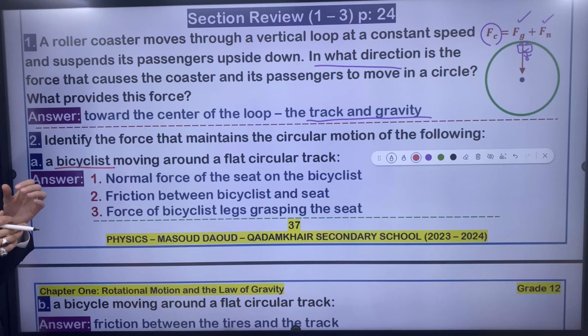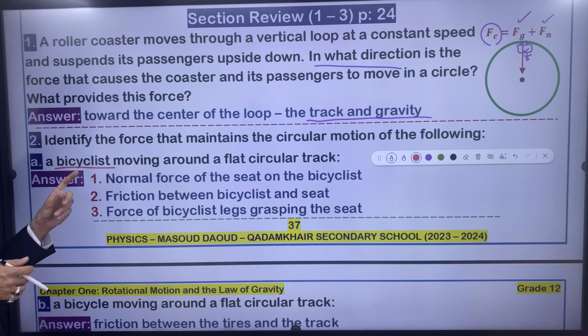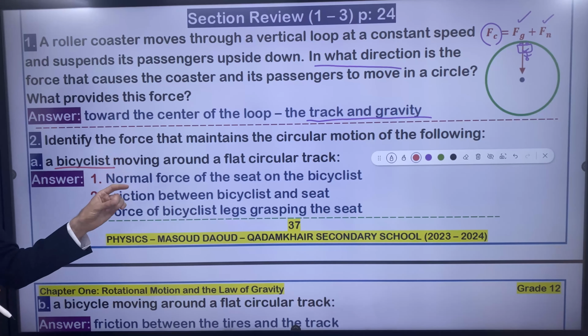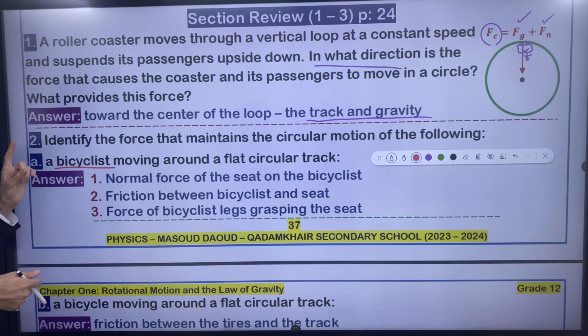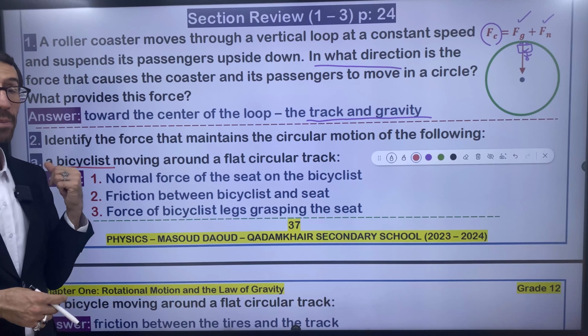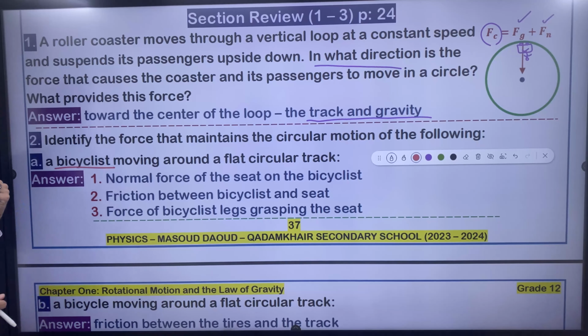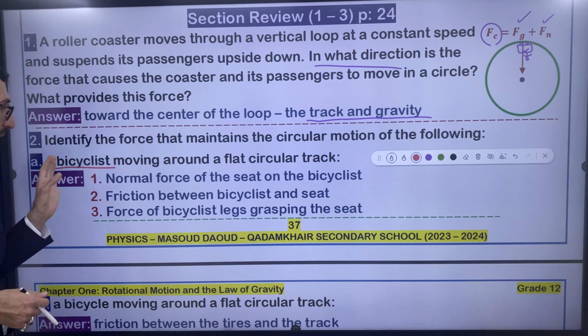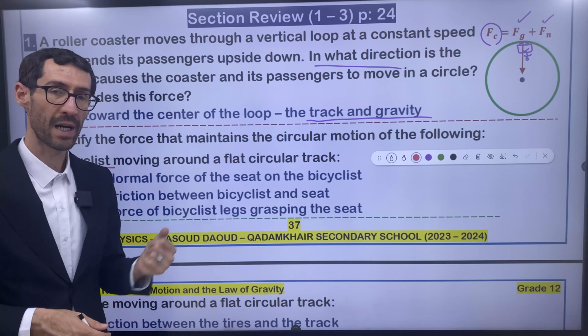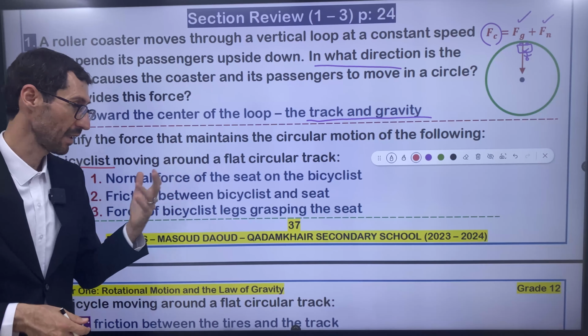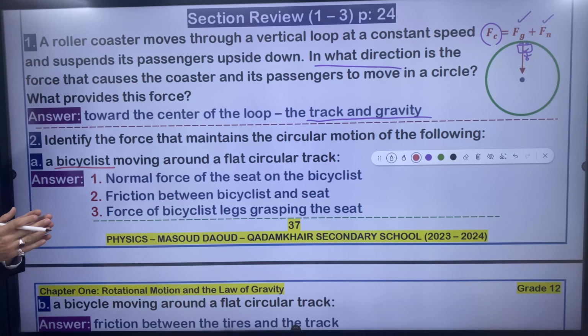You have to be very careful in these situations, because in the other part of this question it says a bicycle. So read it word by word, read it carefully. Be an accurate and precise student, right? Question: a bicyclist moving around a flat circular track. I'm talking about a bicyclist, a person, a rider, right?